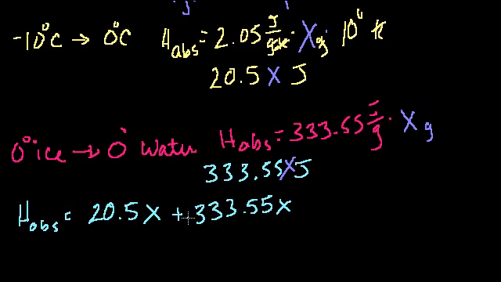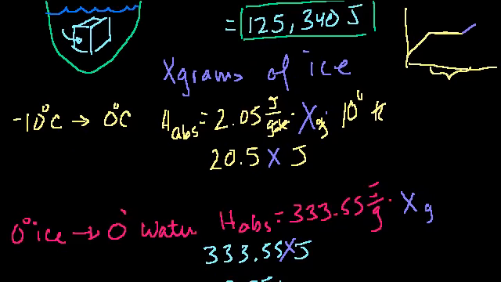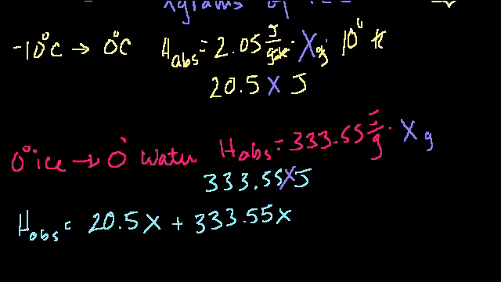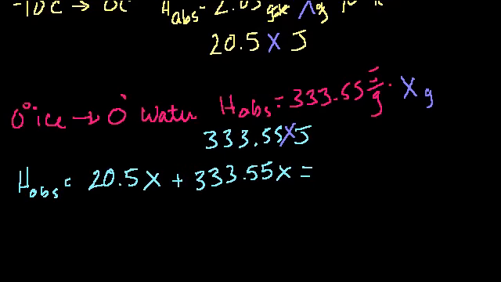Now, how much real energy does it have to absorb? Well, it has to absorb all of the 125,340 joules of energy out of the water, because that's the amount of energy we have to extract from the water to bring it down to 0 degrees. So the amount of energy the ice absorbs has to be equal to 125,340 joules.